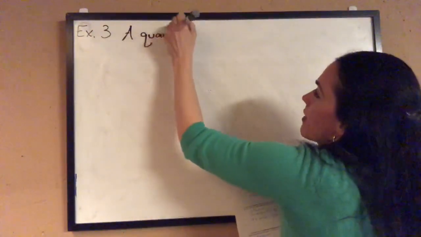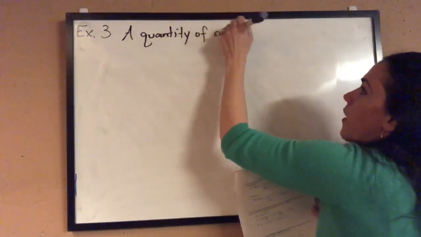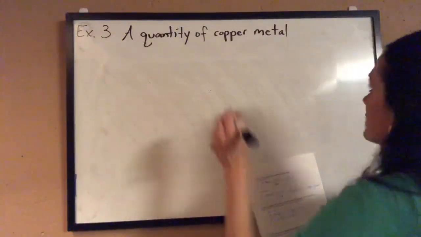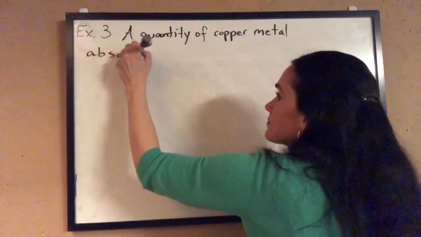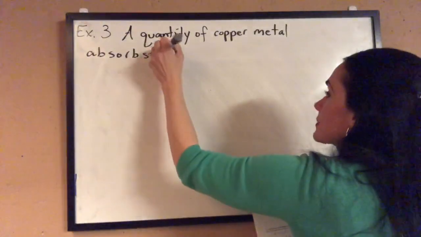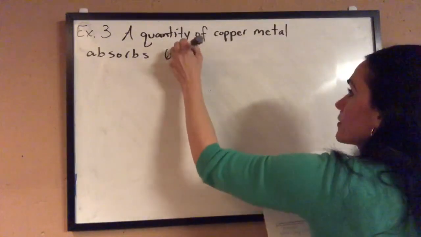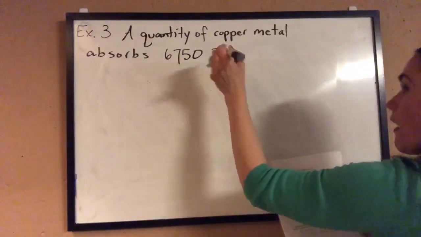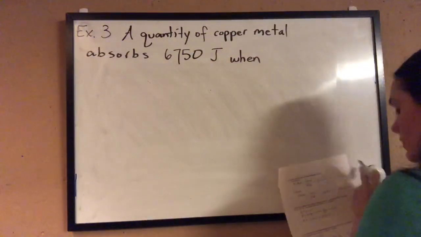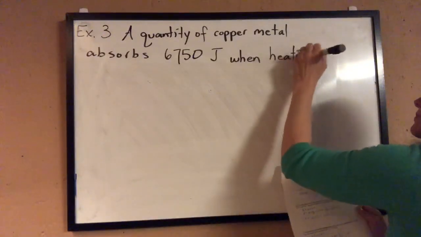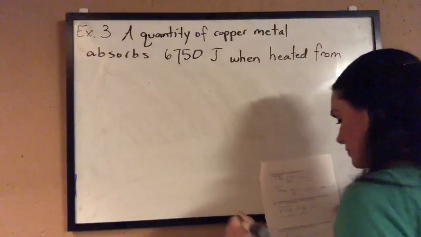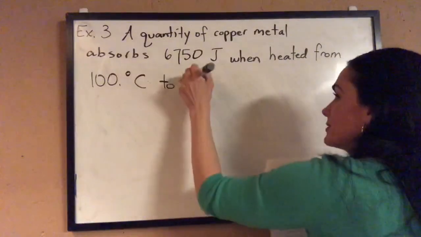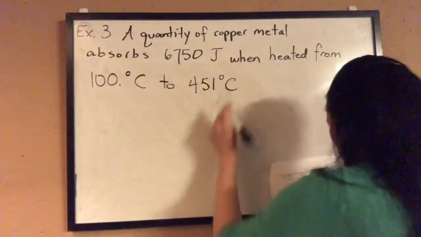A quantity of copper metal absorbs 6,750 joules when heated from 100 degrees Celsius to 451 degrees Celsius.